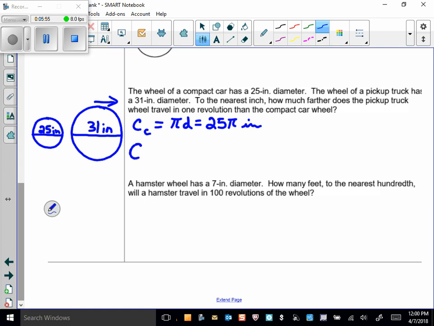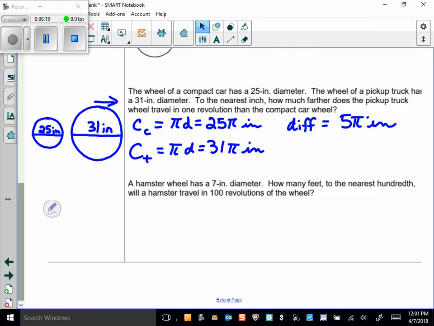Okay, the circumference of the truck is pi times diameter, which is 31 pi inches. So the difference is going to be 31 pi minus 25 pi, and that would be, I'm sorry, not 5 pi, 6 pi inches. And it asks us to round it to the nearest inch.